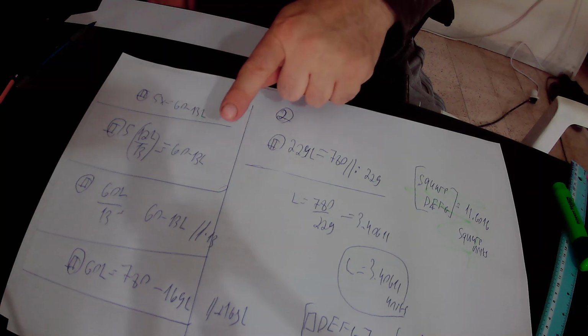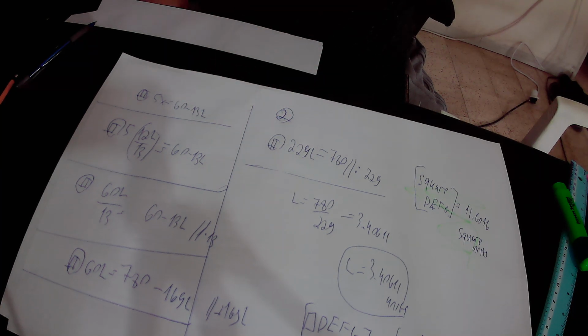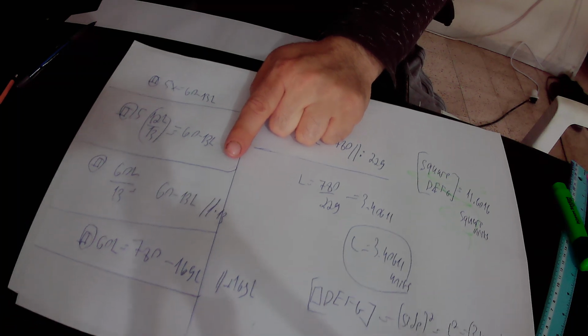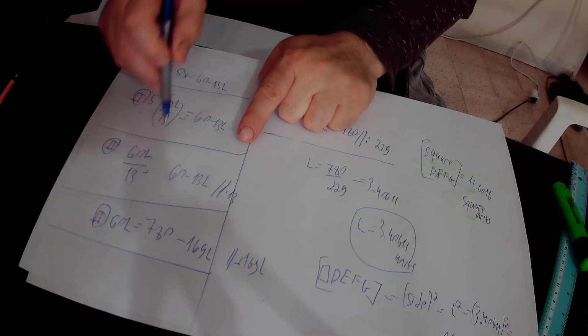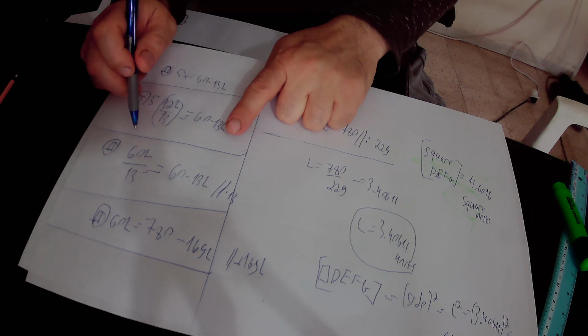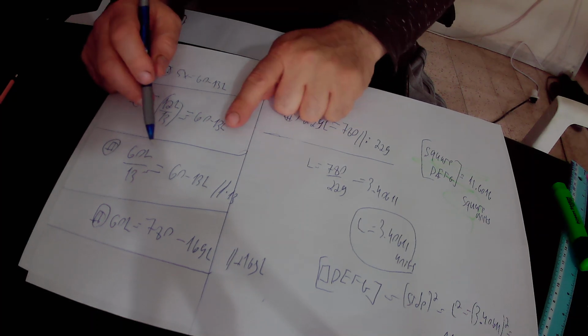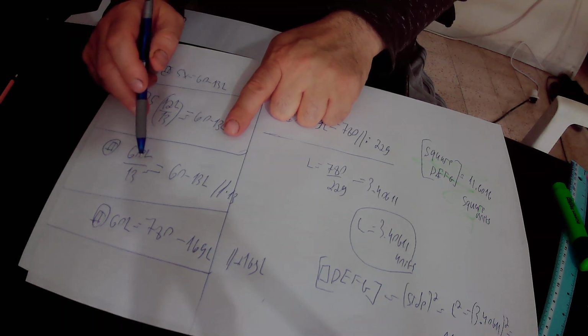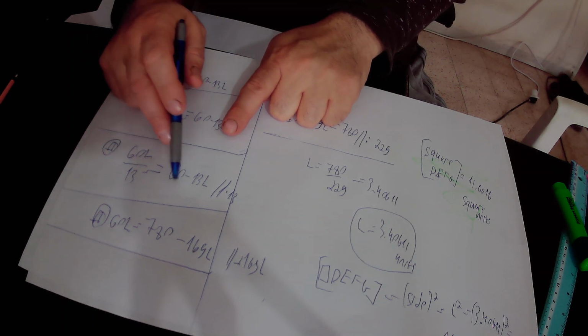60L over 13 equals 60 minus 13L. Here we multiply equation 2 by 13, and finally find that 60L equals 13 times 60, which is 780, and 13 times minus 13L equals minus 169L.